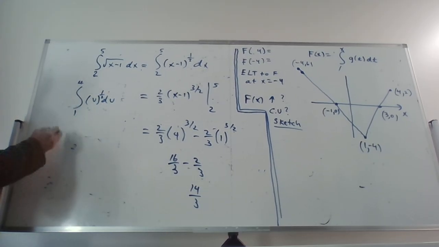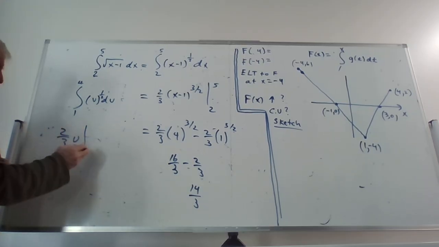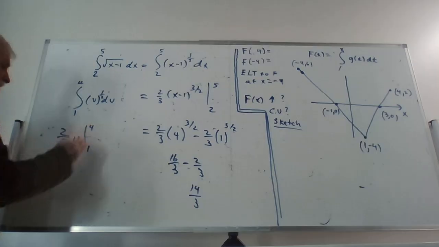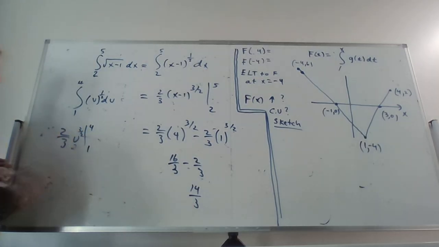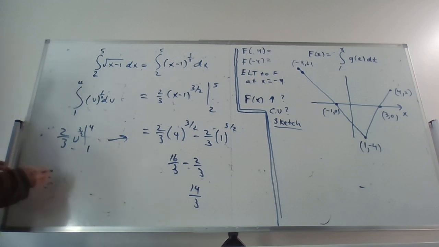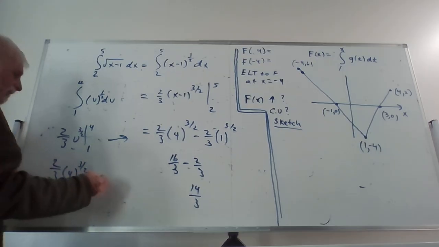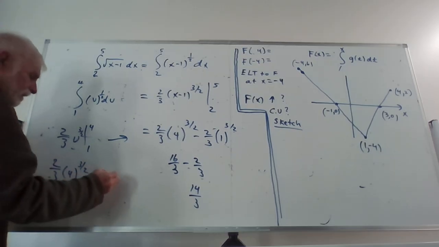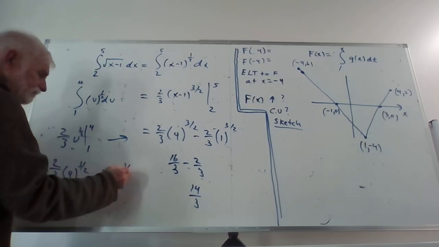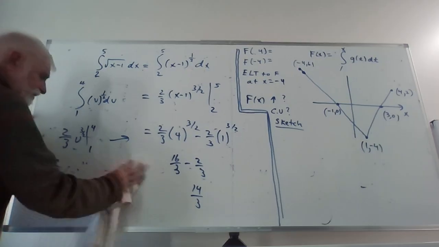So now we're at 2/3 u to the 3/2 from 1 to 4, and I'm right back there immediately. So that's 2/3 times 4 to the 3/2, big F of B minus big F of A, 2/3 times 1 to the 3/2. And that's changing the limits of integration. We'll start doing those in the lesson set.